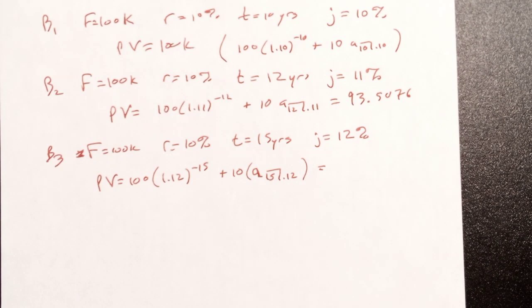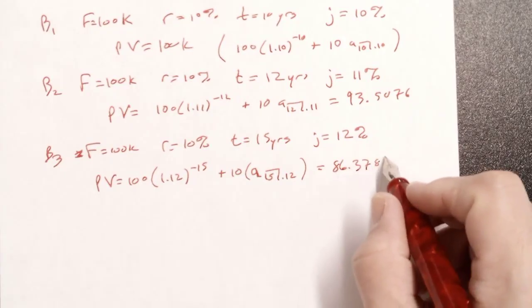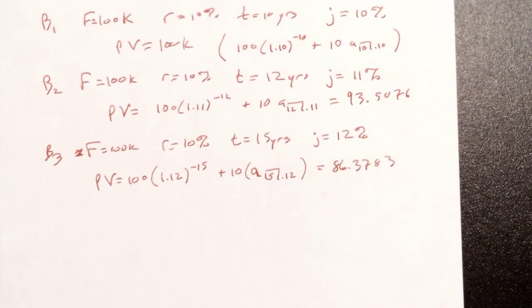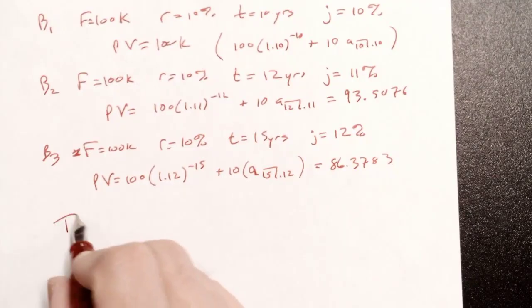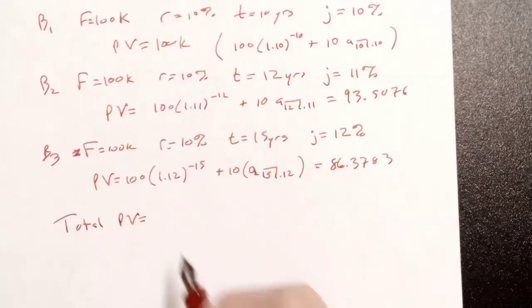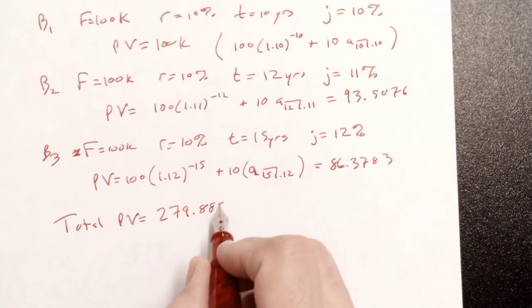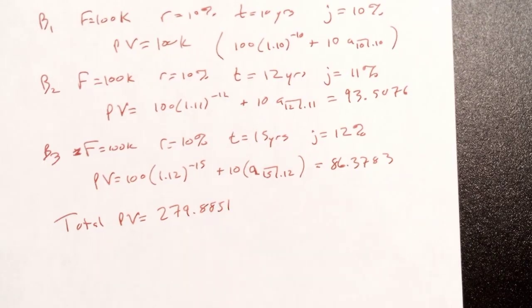This time, which gives me a total asset requirement of 279,8851.